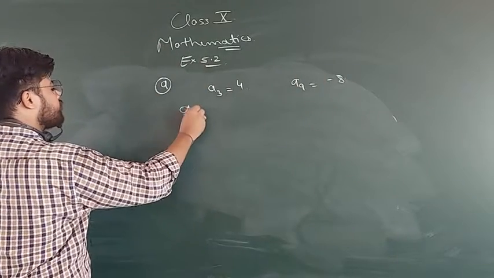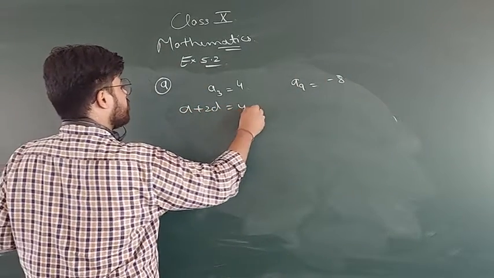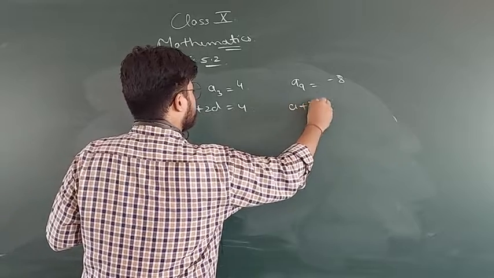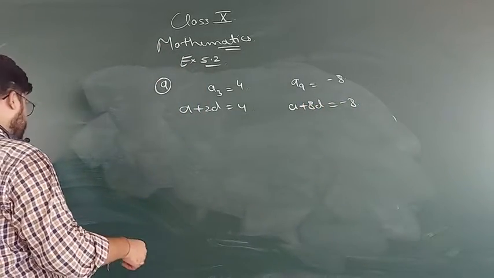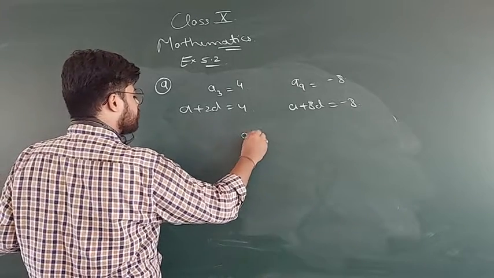So A plus 2D is 4 and A plus 8D is minus 8. Now apply the elimination method in both the equations.